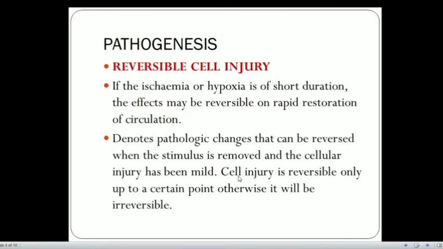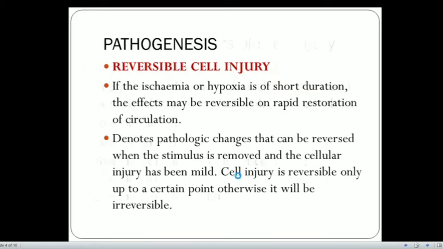Now coming to the pathogenesis, let's discuss the reversible cell injury. If the ischemia or hypoxia is of short duration, the effects may be reversible with rapid restoration of circulation. For example, in coronary artery occlusion, myocardial contractility, metabolism, and ultrastructure are reversed if the circulation is quickly restored.